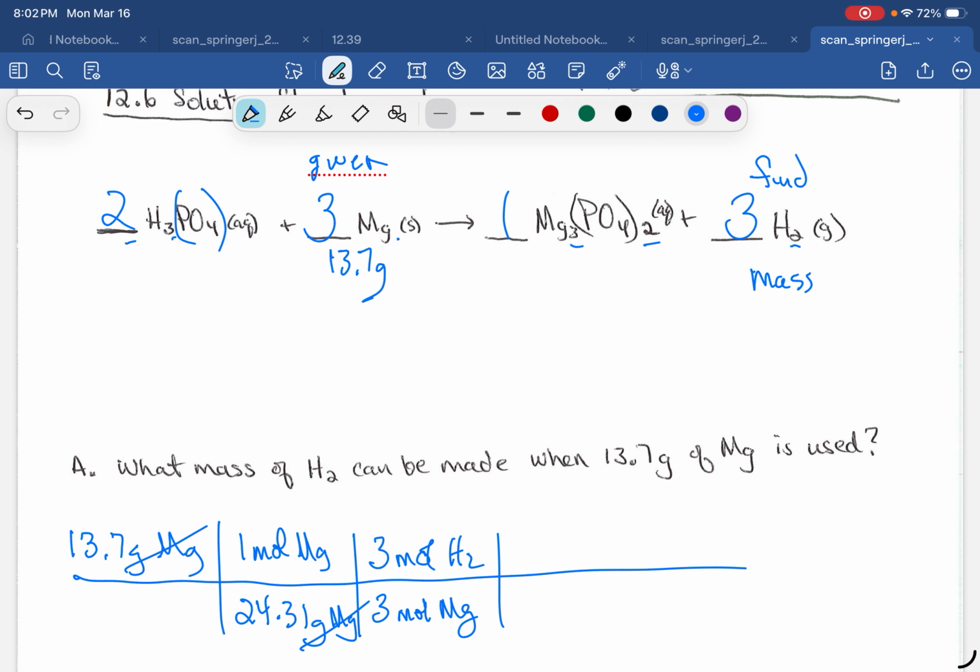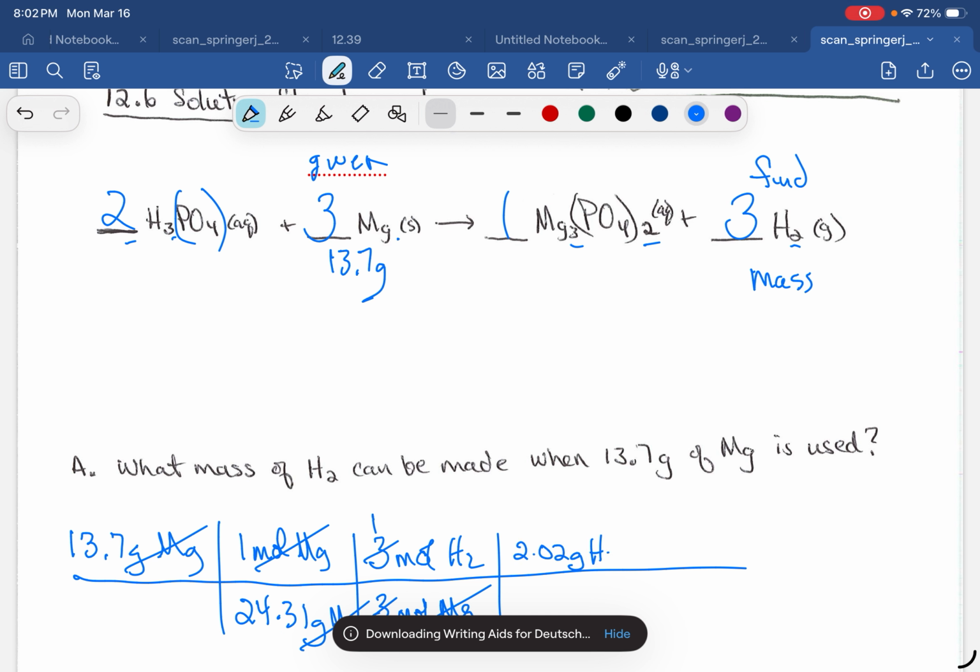Right, so our grams of Mg have canceled, our moles of Mg are canceling. Our 3's actually will reduce to 1 and 1. And then I just need the molar mass of the H2, which is 2.02 grams of H2, 1 mole of H2. And now the moles of H2 are canceling, so I am ready to do the math.